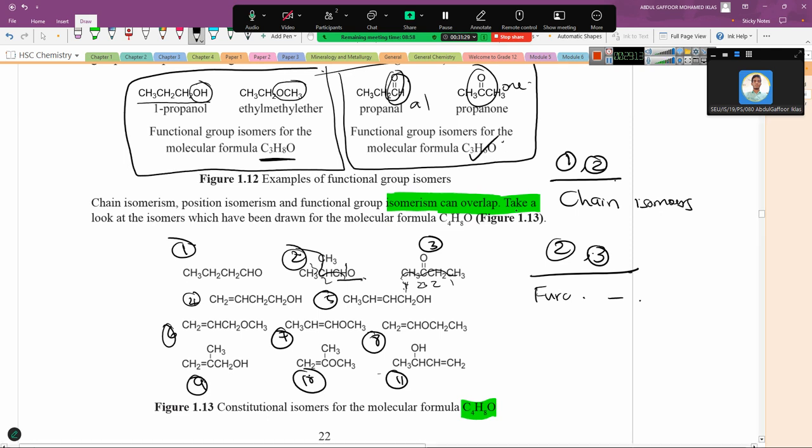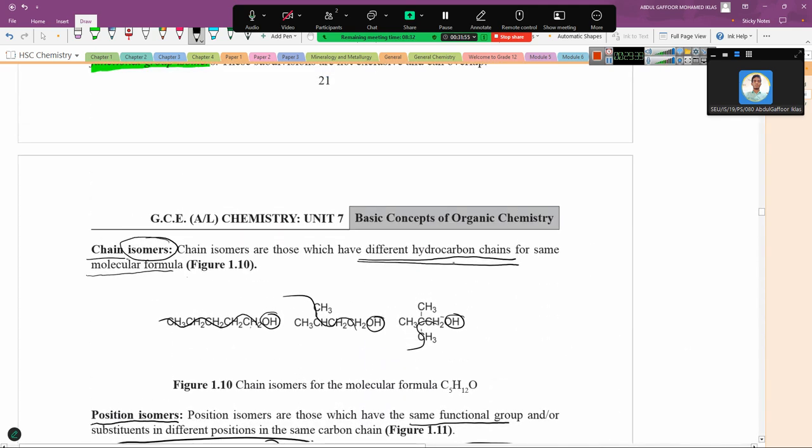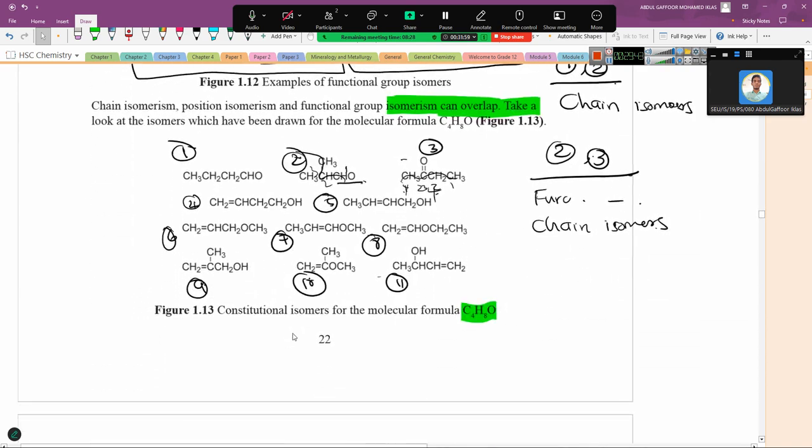So you can see the carbon chain also differs, because here we have 3 carbons and here we have 4 carbons. So in addition to functional group isomerism, the second and third share chain isomerism as well. Is that clear now? If you go back to your chain isomers, you can see the chains are different. Similarly for the second and third.